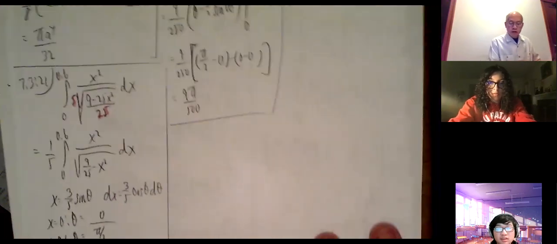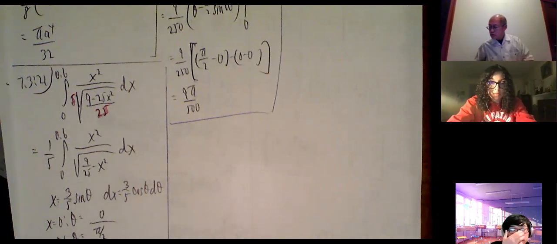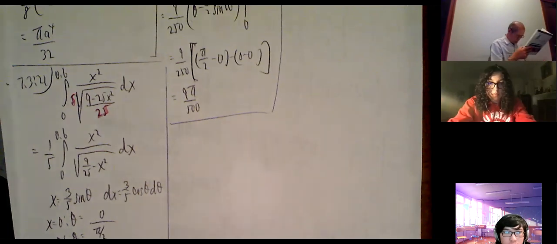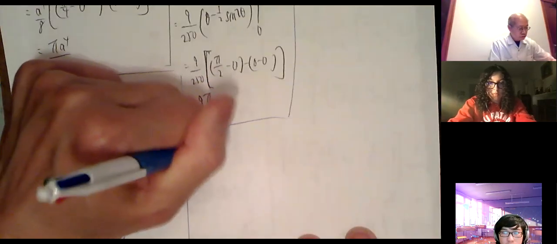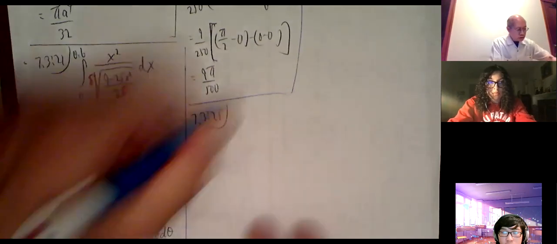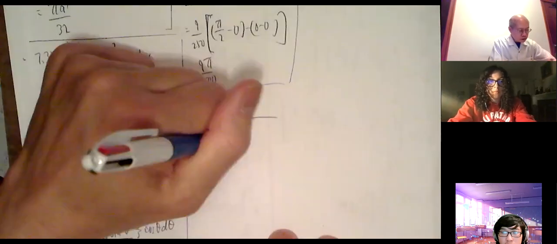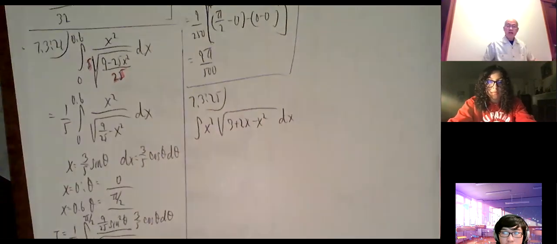Okay, let's see. 7.325 was asked for. So let me see. x squared (3 plus 2x minus x squared) dx.